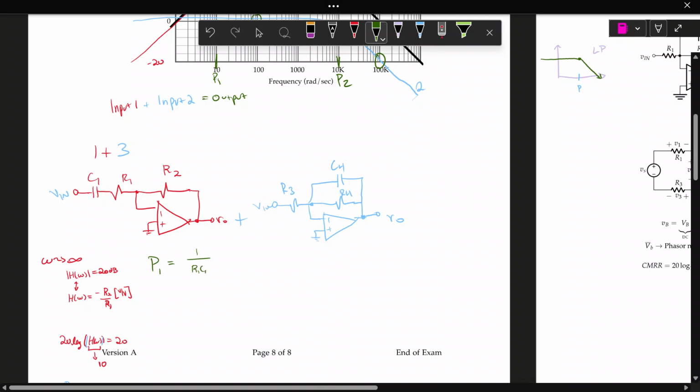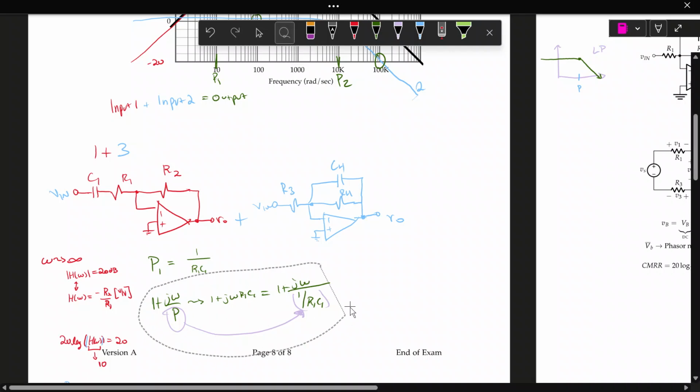If you want to know how I did this, I'll show you real quick. 1 plus j omega over pole is our basic form. We know that 1 plus j omega R1C1 is equal to 1 plus j omega divided by 1 over R1C1. And we know pole here is underneath j omega, so it is 1 over R1C1. That's how I got the pole.